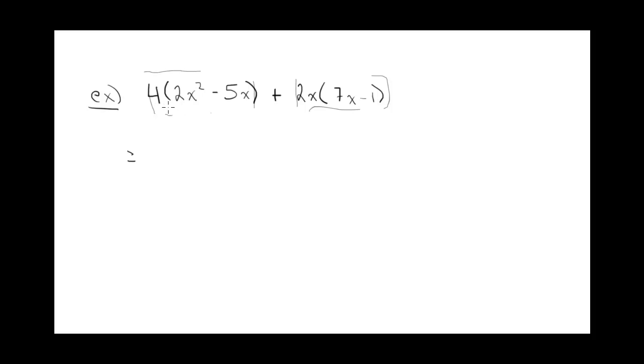So 4x times 2x, just distributive property. So 8x squared, 4 times minus 5x, so minus 20x. So that's the result of this, plus, and we'll do the result of this. So the 2x times 7x, and then 2x times minus 1. 14x squared minus 2x.